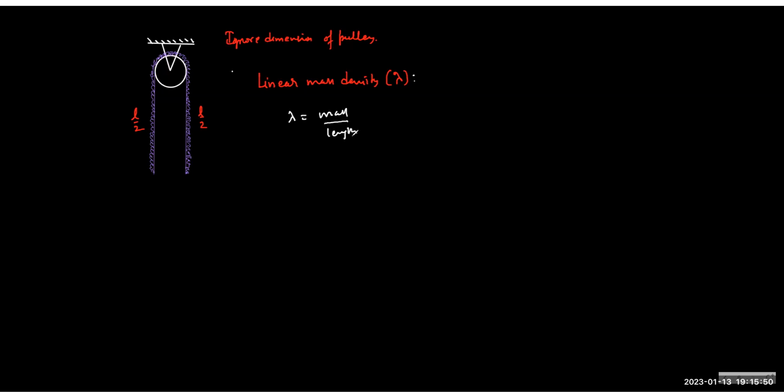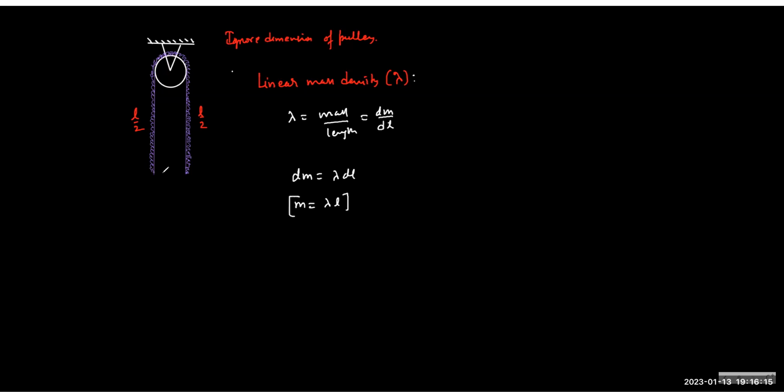And why do we use lambda? Because writing m by l is not convenient. So we write lambda, because lambda is going to be constant here. You can write lambda as dm by dx. So to write a mass, we can write lambda into dl, or simply for uniform, lambda into l. So once you know the length, you can express the answer.